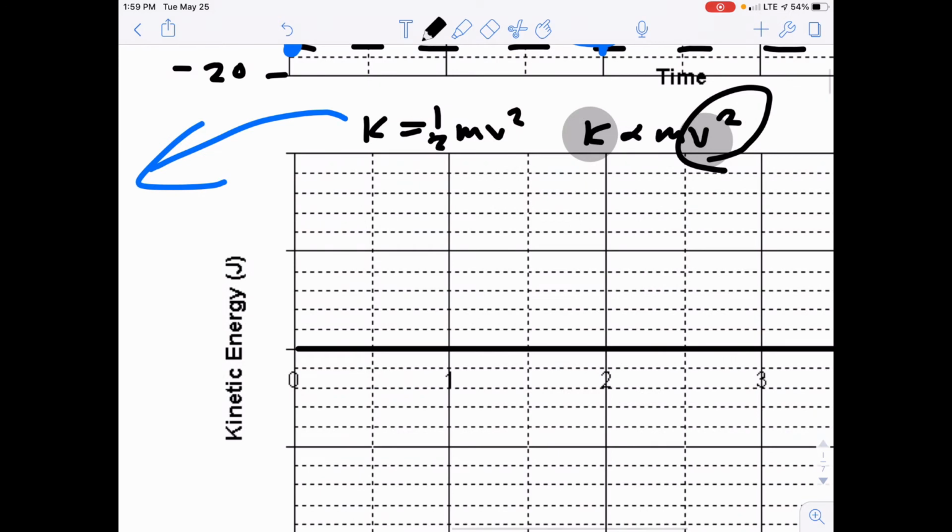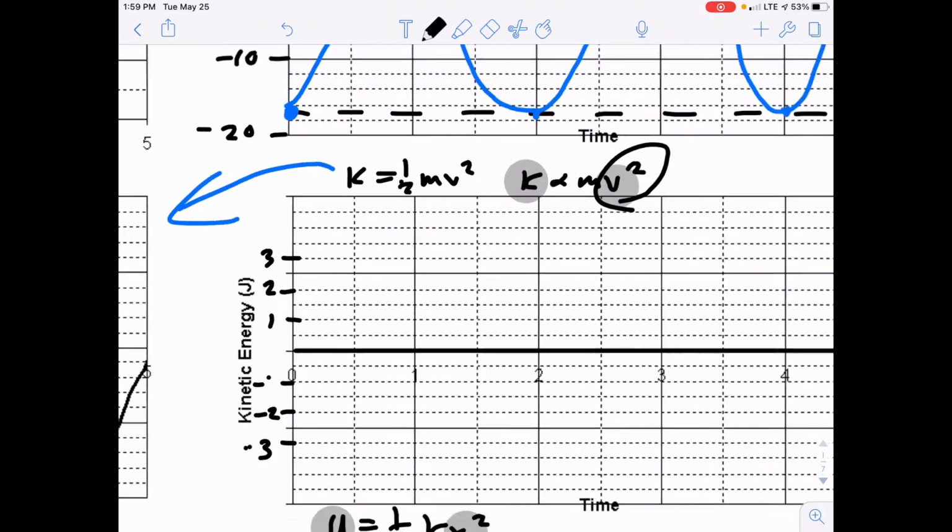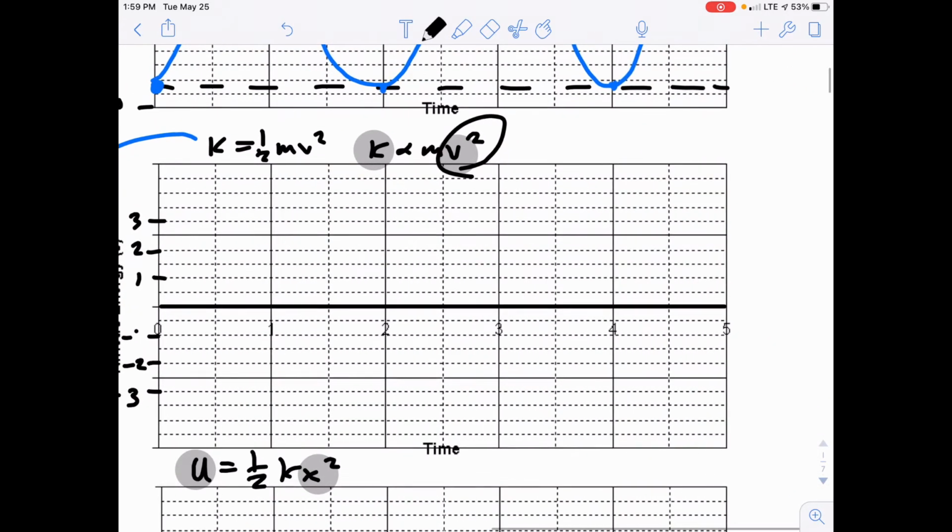So I can go 1, 2, 3 going up, -1, -2, -3 going down, something like that. 2¼ would be right here, halfway between 2 and 2½. Really helpful to put your horizontal asymptotes all the way across. It'll help guide the graph.